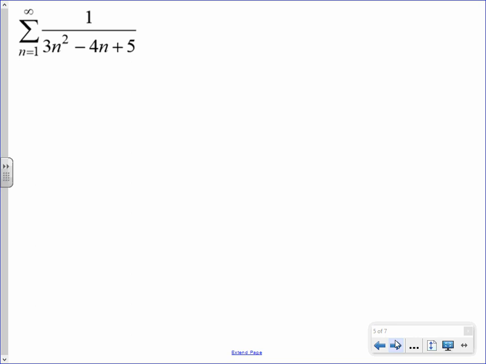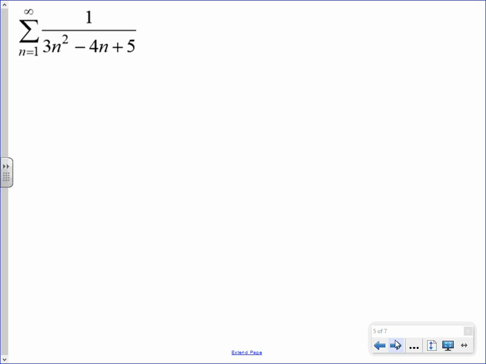Okay. And you want to compare to a series as simple as you can get. What is a very simple series that we know something about that we can compare this to? 1 over n squared. Basically, take off all the junk.